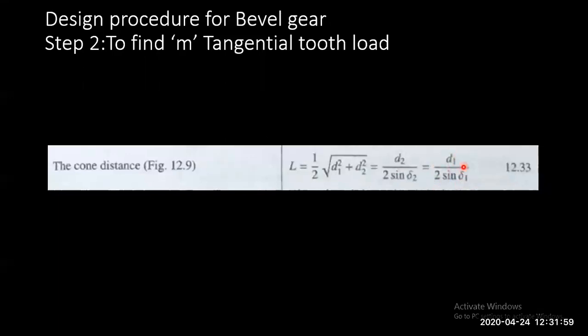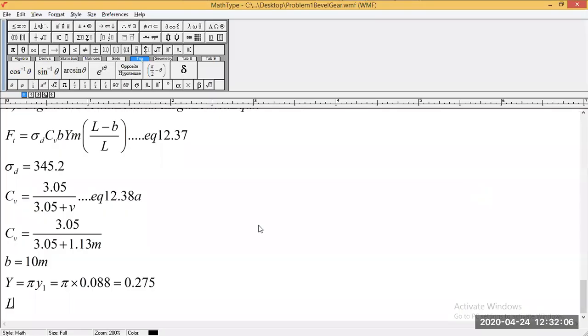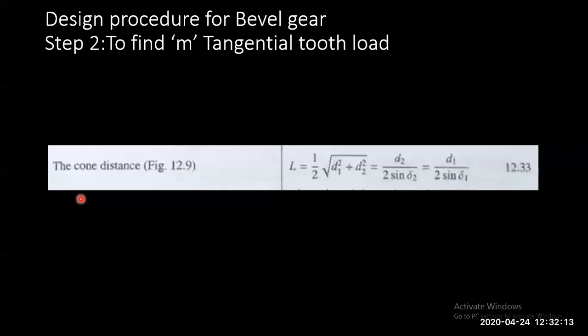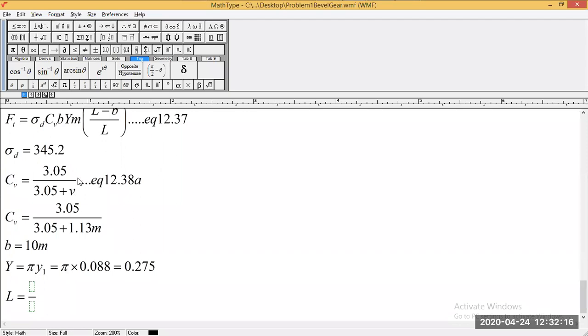I think this one is good enough: D1 over 2 sine delta 1. This is 12.33. So this is equal to D1 over 2 sine delta 1, where the 1 is a subscript.